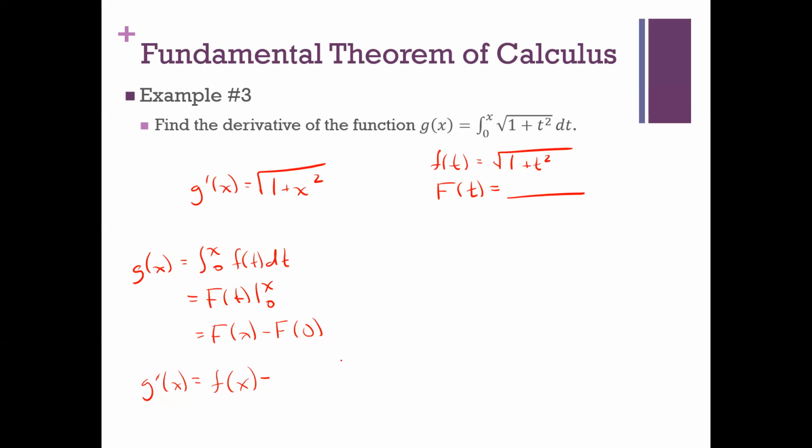Right, so even though I don't know what the antiderivative of f is, I do know that when I evaluate it at a single number, it's going to be a constant. So because of that, it evaporates. So we get that g prime of x is equal to f of x, which by our definition is radical 1 plus x squared. Go ahead.